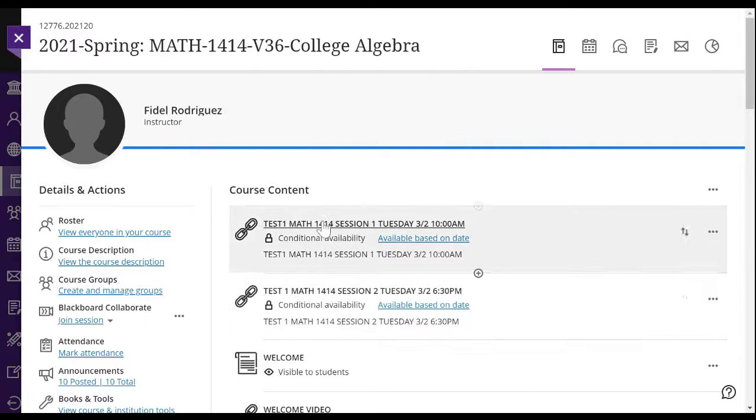Whichever one you're doing. So if you're taking the one at 10, click on it at 10. If you're doing the one at 6:30, click on it right there, okay? If you try clicking on it right now, guys, it probably won't let you because it's not set up to open right now. It'll open up tomorrow at those times. And I set it up to where you can sign in a few minutes before.